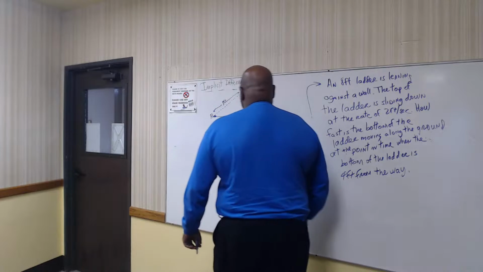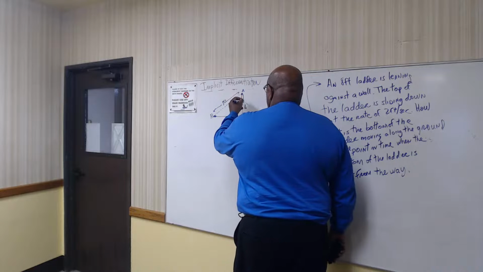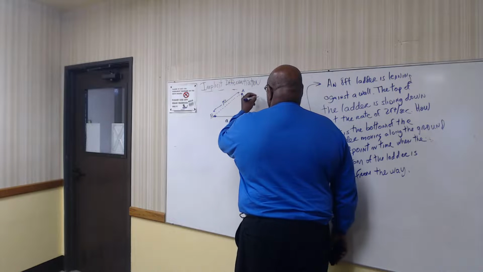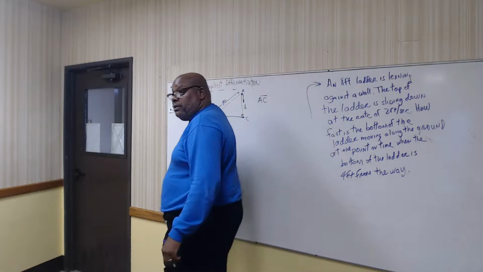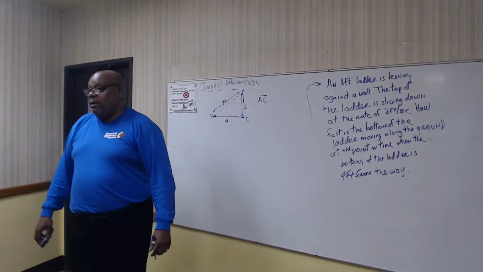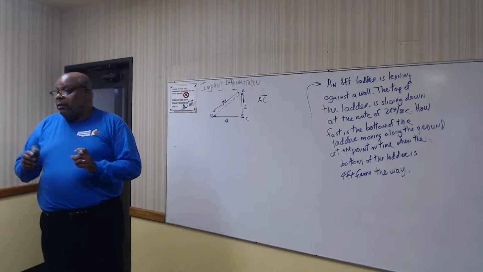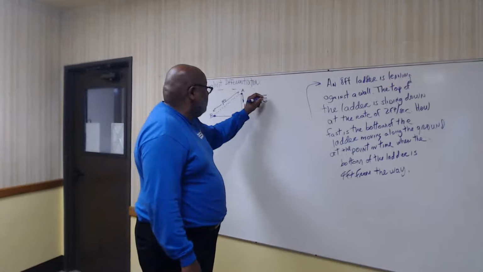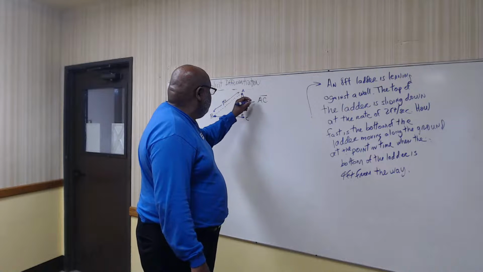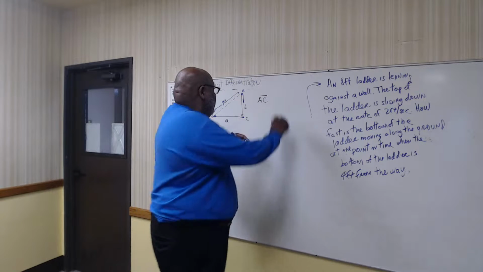When you say it's sliding down, this is a line segment AC, right? You guys see that segment AC? So segment AC is changing at a certain rate, right? So really, this is AC dot. This velocity here is AC dot.